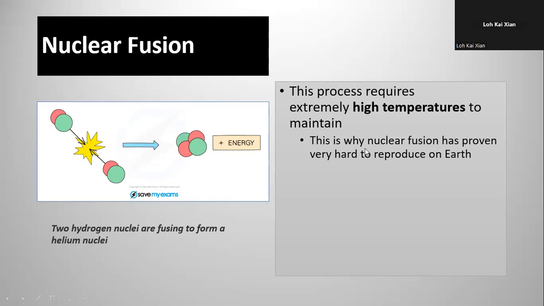This is why nuclear fusion has proven to be hard to produce on Earth. Very hard to produce on Earth because you need high temperature. The reason why it needs high temperature is because both nuclei are positive, so they repel, correct? But we need them to collide.